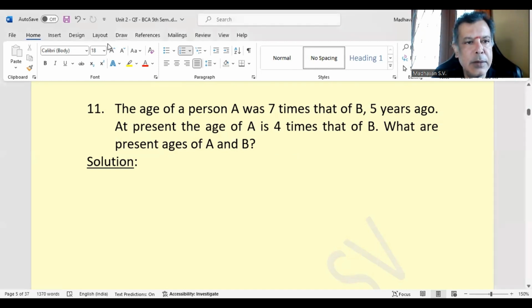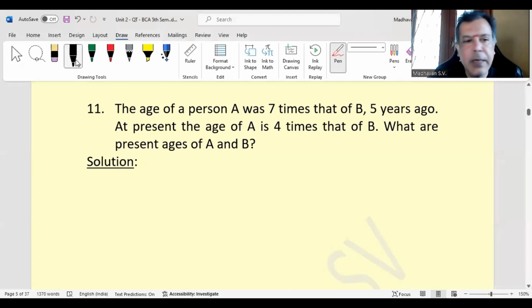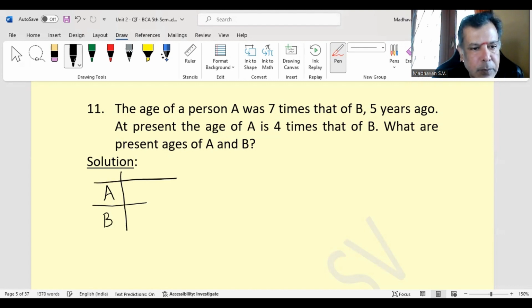So now let us create one small table. We'll say A and B. Here we'll consider present age.